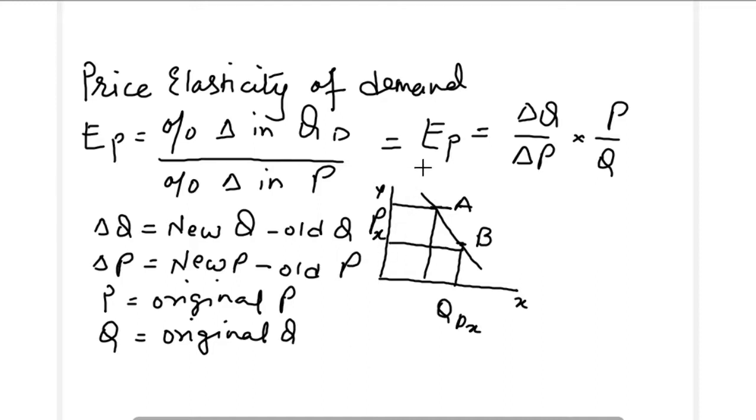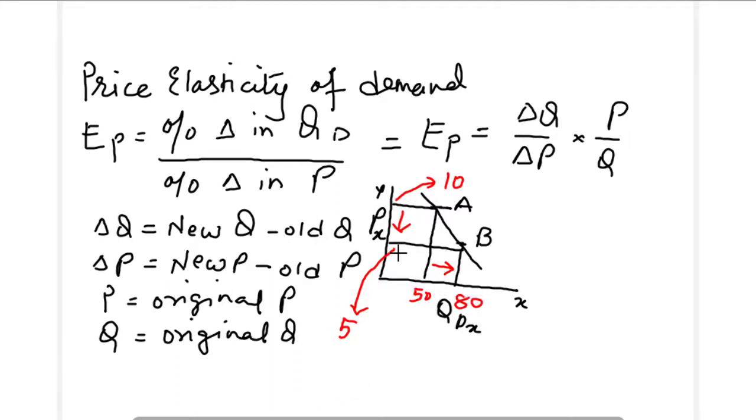Now suppose the price of apples at point A is initially 10 rupees a kg, and eventually it drops down to 5 rupees a kg at this point, as a result of which the quantity demanded also gradually increases, let us say from 50 kgs to as much as 80 kgs.